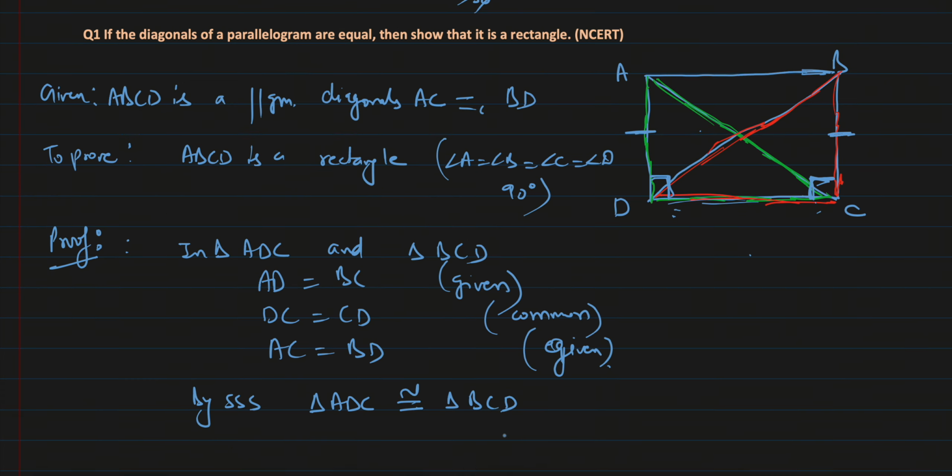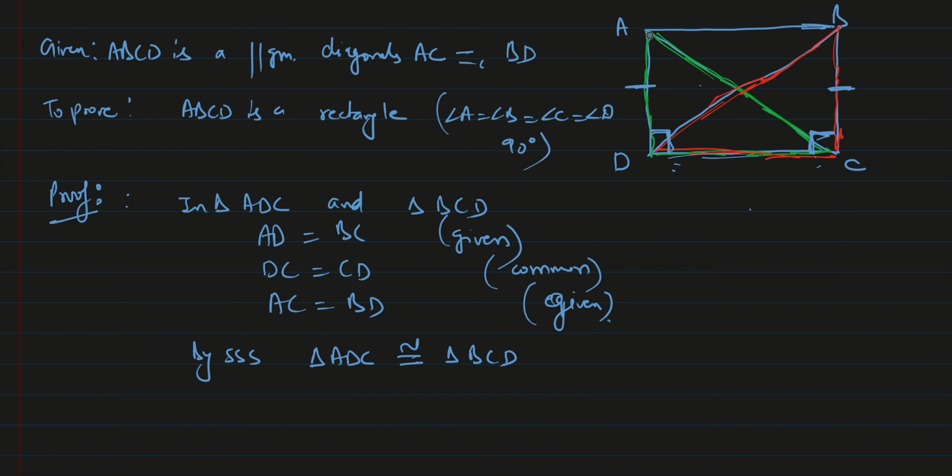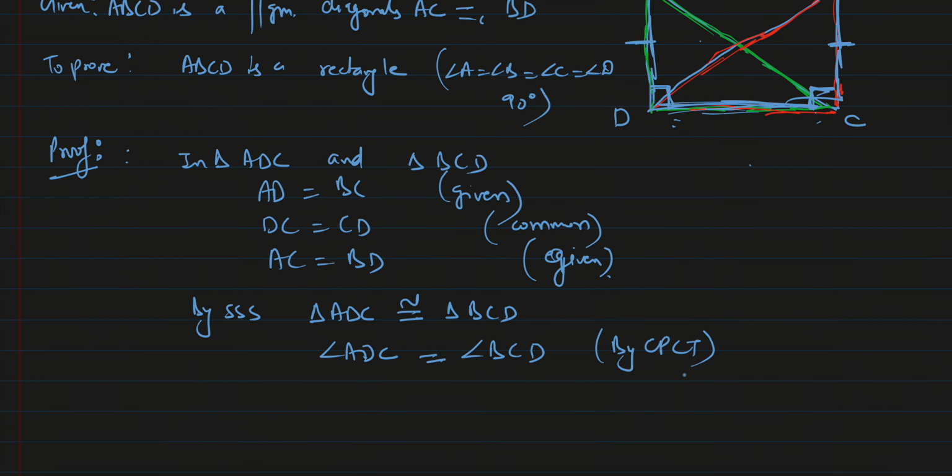Now both triangles are congruent. So angle ADC is a part of that triangle only. So I'll say angle ADC equals angle BCD by CPCT, corresponding parts of congruent triangles. So both the angles are equal, but you know that ADC plus BCD is 180 degrees, supplementary. These are adjacent angles of a parallelogram. They add up to 180.